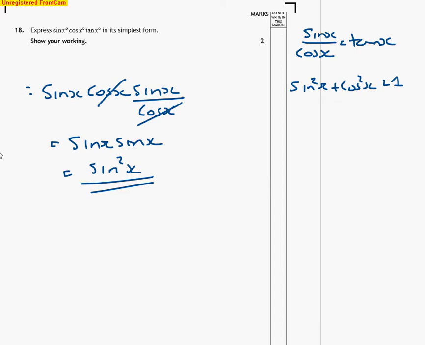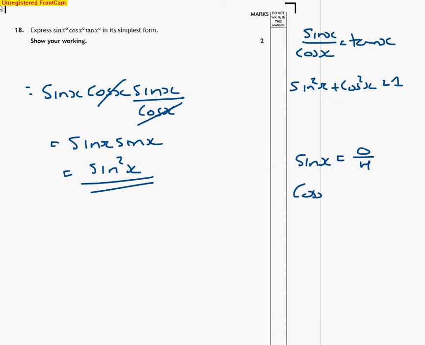The other way of thinking about it, which I think is quite interesting, is when you think about your SOHCAHTOA. I'm just going to write that in case that's not familiar to anybody. So we know that sine x is equal to opposite over hypotenuse.